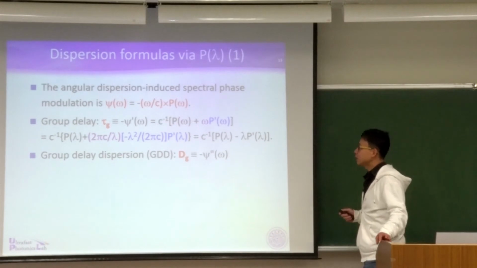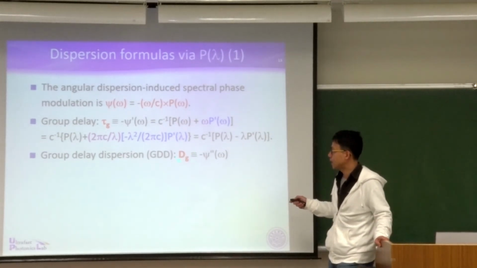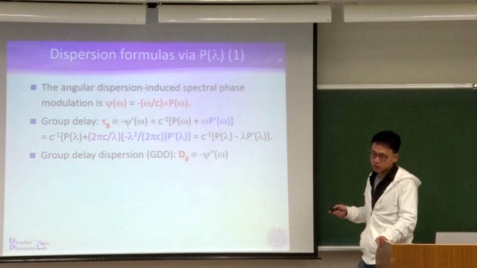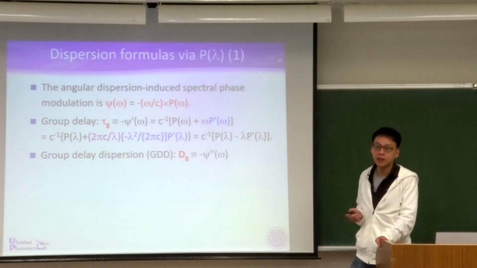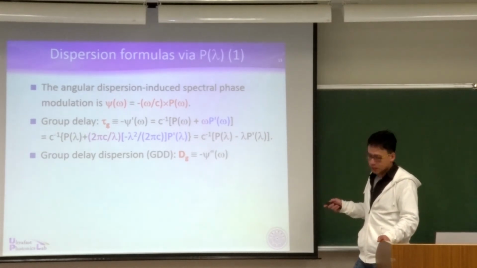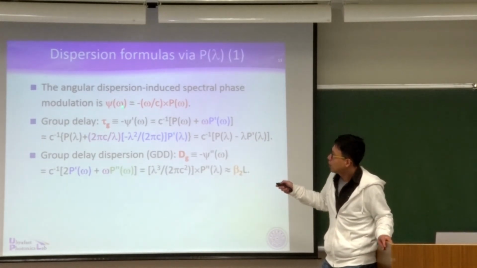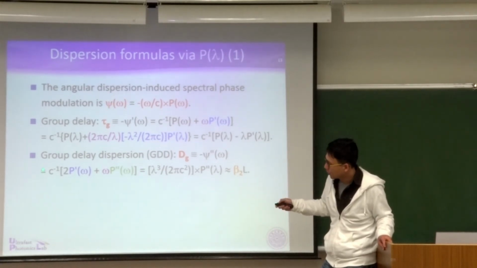Secondly, the group delay dispersion formula, GDD formula, symbolized by Dg. By definition, it's minus the second order derivative of spectral phase, because this is the derivative of group delay. So with a further derivative, you get this. And similarly, if you use the spectral phase modulation function here, you can arrive at this.